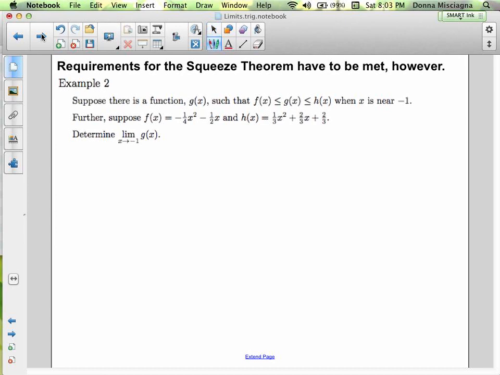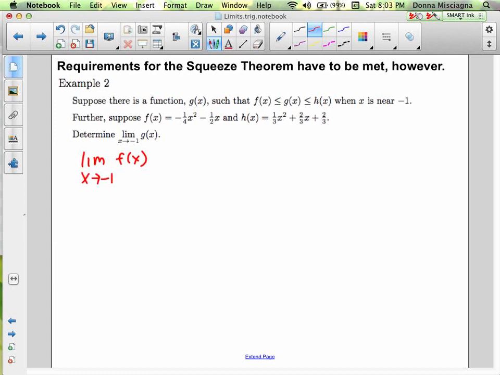Right, so let's find the limit of f of x as x approaches -1. That's going to be -1/4 times -1 squared minus 1/2 times -1. The -1 squared is positive, so that's going to be -1/4.